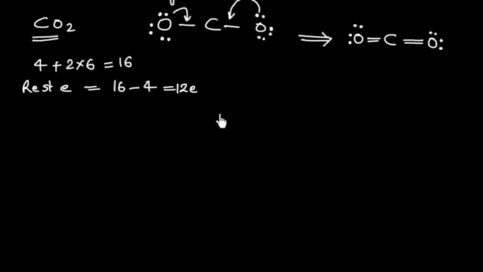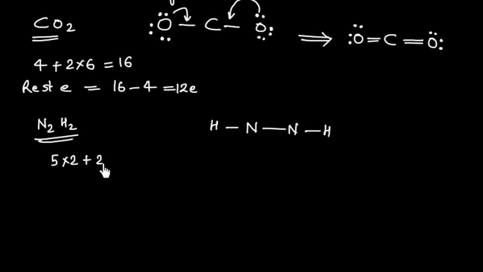Now let us say we have the next molecule, N2H2, and I will give you a skeleton. So this is the skeleton for N2H2. Just combine by 1 bond, and then you see N2 has 5 into 2, 10, plus 2, so we have a total of 12 electrons, and we have used 3 bonds, that is 6 electrons, so the rest is 12 minus 6, that is 6 electrons. So we can put 2 electrons, 1 lone pair here, and 4 plus 2, 6 we have already done.